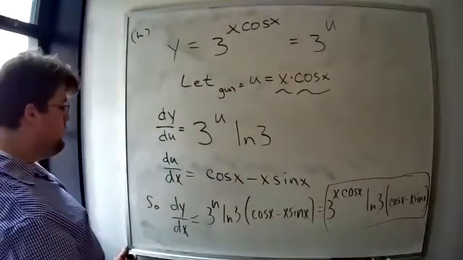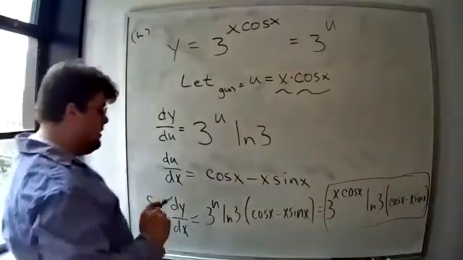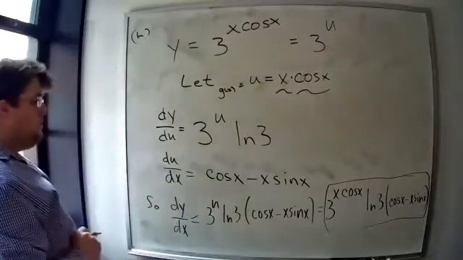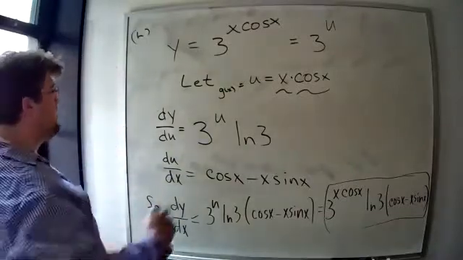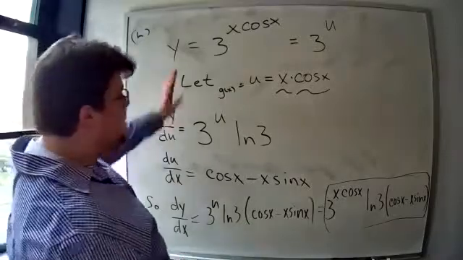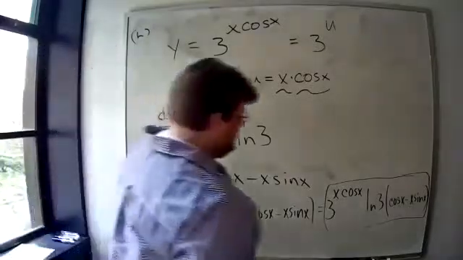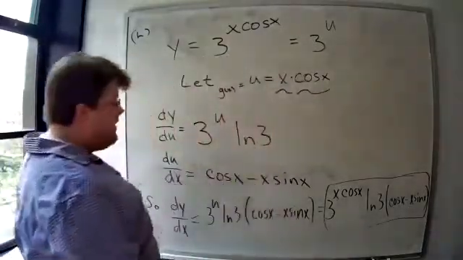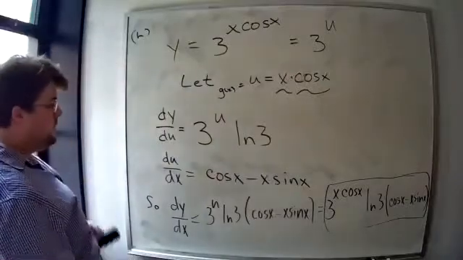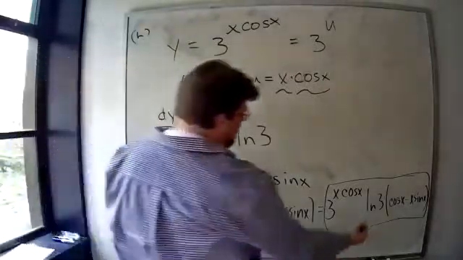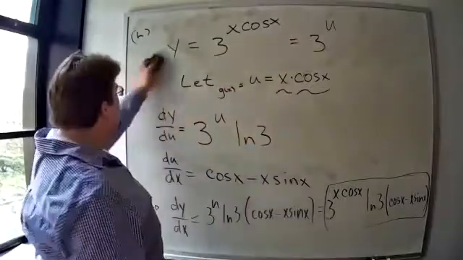Any other questions about this one? With general exponentials, I frequently like to write out the details for the chain rule because I find them, of all of them, the easiest to make a mistake on, probably because of this log 3.